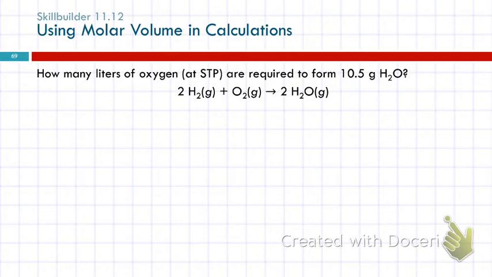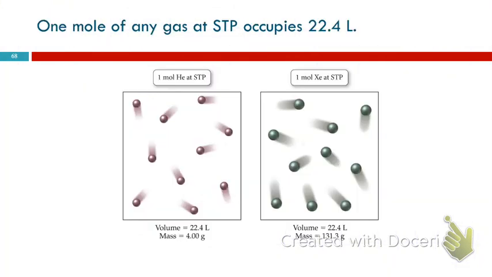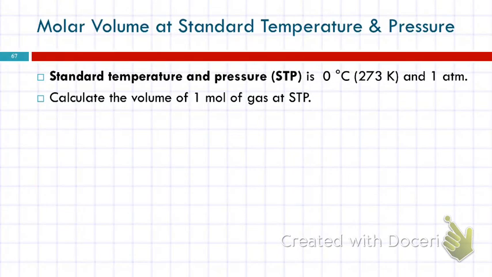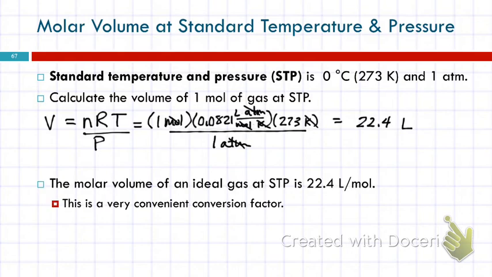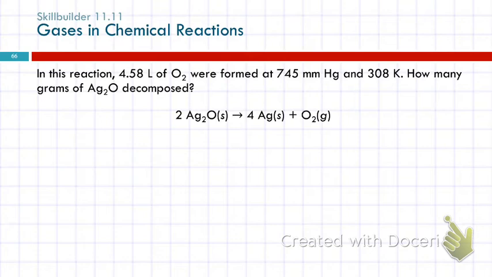So what if it's not? Well, if it's not, then we have to do what we did here. You have to use the ideal gas law to calculate the number of moles. So there could be a problem like that on the exam.